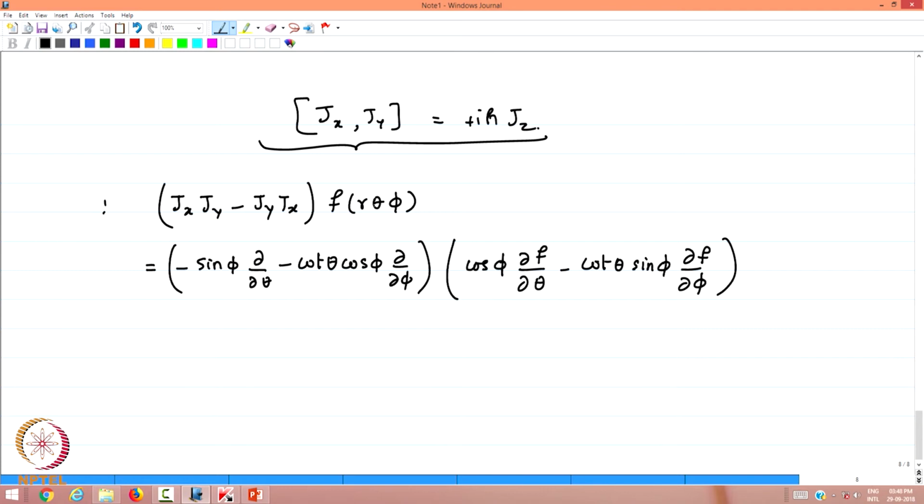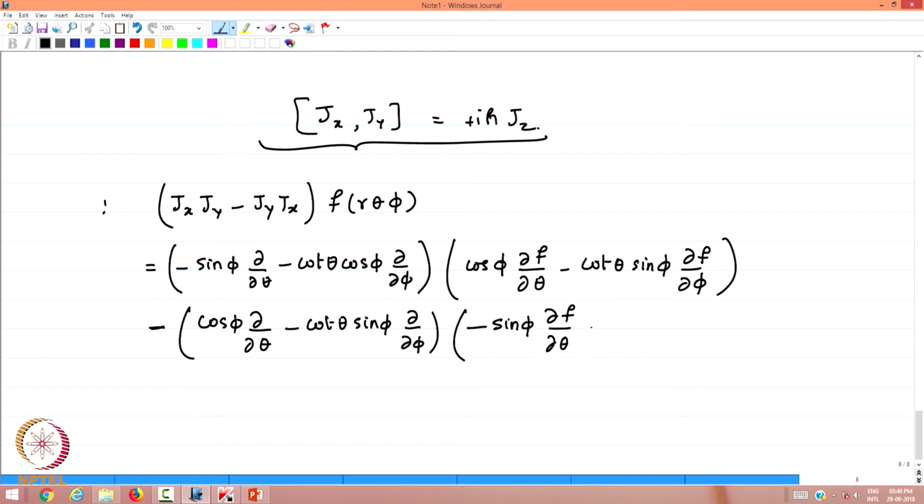This is JxJy on f minus JyJx on f, which is obviously cos φ ∂/∂θ minus cot θ sin φ ∂/∂φ, acting on the function obtained through the differentiation, ∂f/∂θ minus cot θ cos φ ∂f/∂φ. This is all that you have to calculate. Of course, the whole thing is multiplied by minus iħ squared.